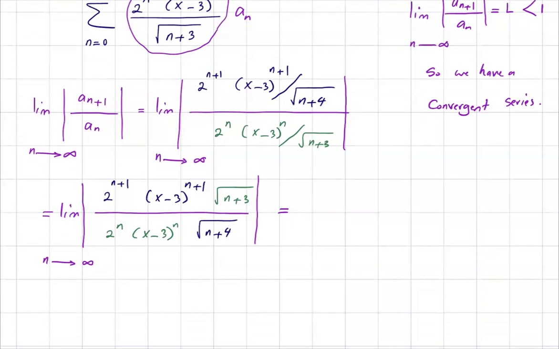You can simplify this using a little bit of algebra. You have the limit of the absolute value. All of these numbers are basically positive. You just need to be careful about the x minus 3. So you have 2 to the n times 2 to the first power, (x minus 3) to power n times (x minus 3), times square root of n plus 3, divided by, let me move this a little bit so I have enough space.